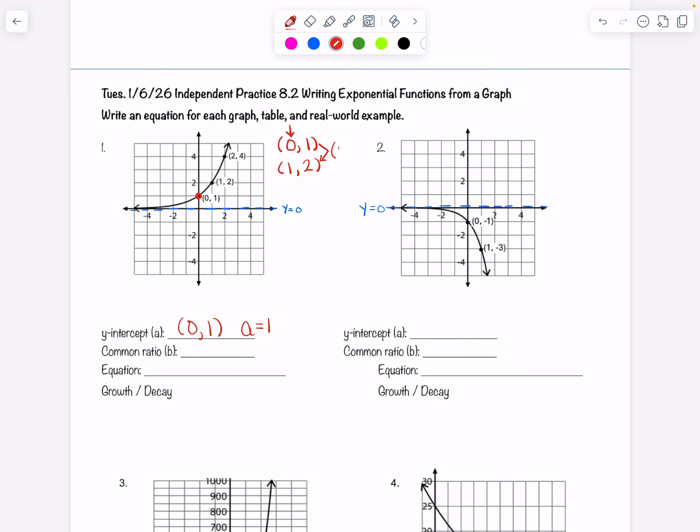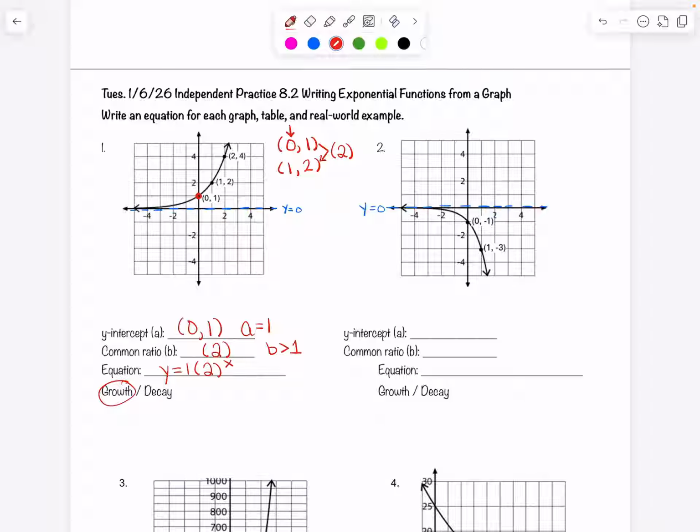What did they multiply by? They multiplied by 2. So the common ratio is 2. Because b is greater than 1, this one is a growth. So to write our equation, y equals our a value times our b value to the power of x.